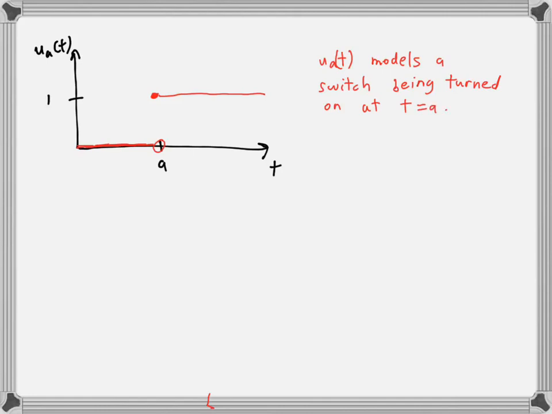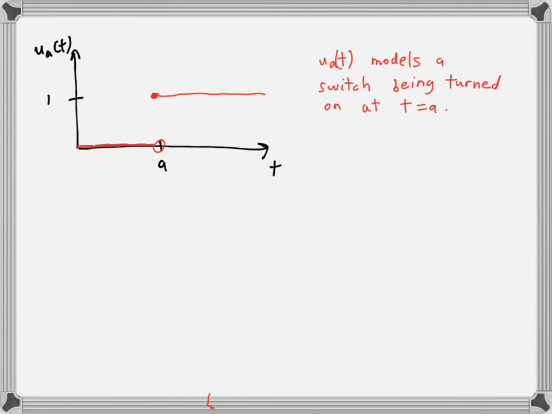So if you think of t as time, it's like at a seconds, whatever a happens to be, the switch is turned on. Okay, so that's what this models. Now, it doesn't seem like we can do much with this function, but actually we're going to see that this function is going to unlock the ability to write any piecewise function in this notation.